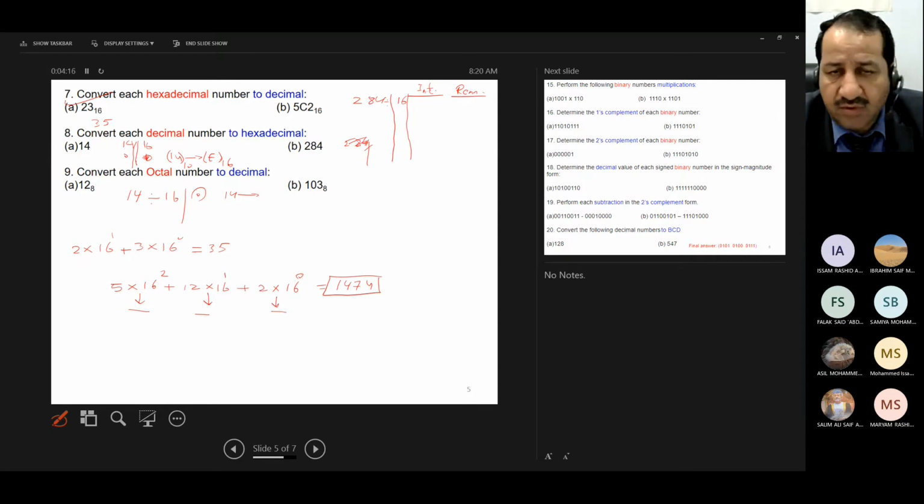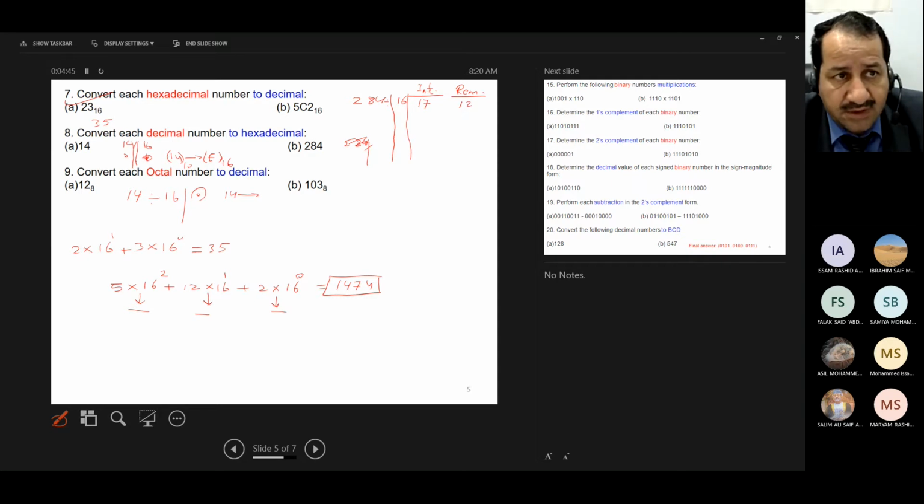Now you divide 284. How many 16 in 284? But make sure that you get an integer here and remove the remainder. We get 17. Remainder is 12.